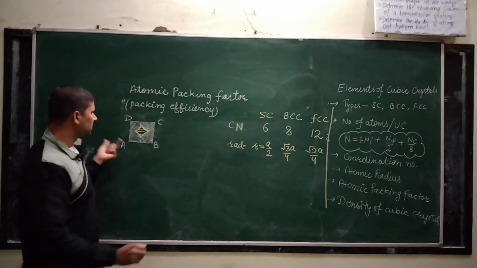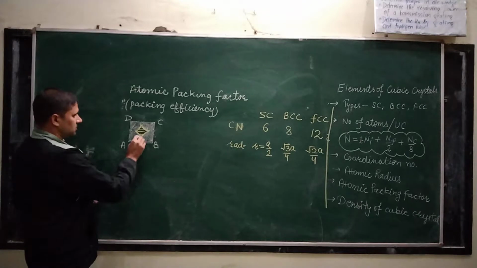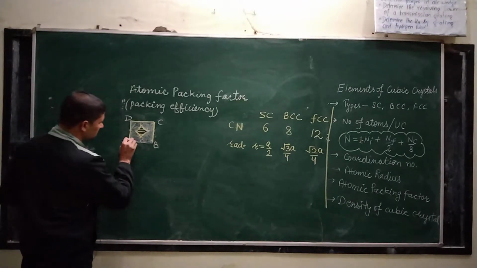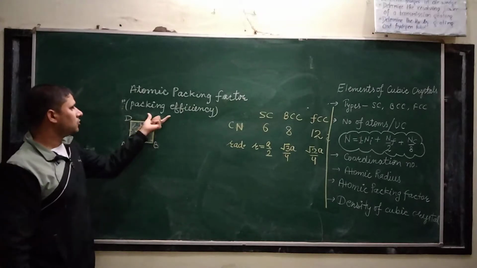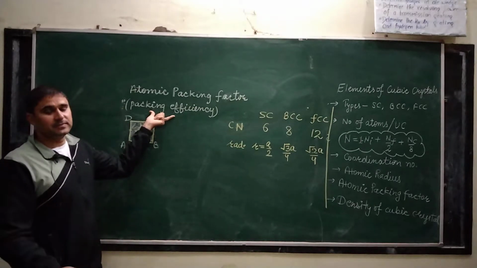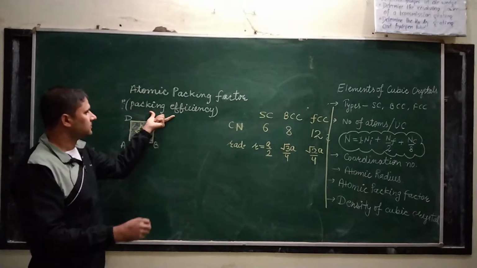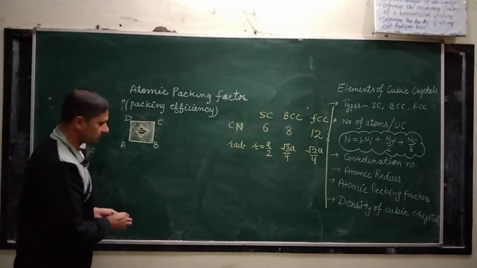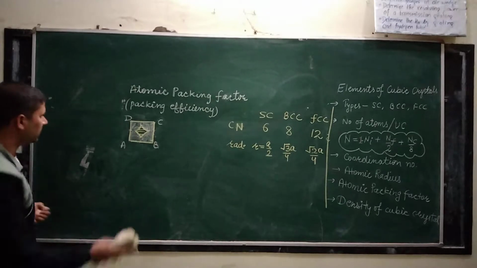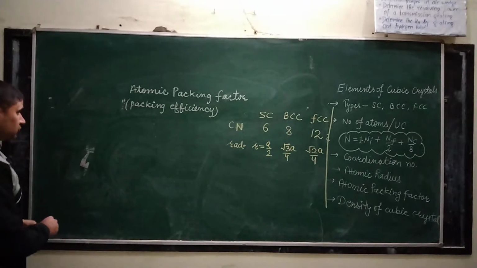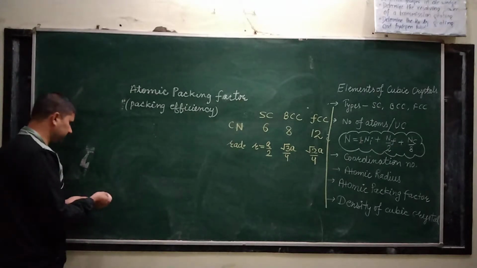Okay, so class, this factor, atomic packing fraction, simply tells us how efficiently the space is occupied inside the unit cell. Okay class, so I am writing here the definition, and then I will see it in case of simple cubic, BCC and FCC.